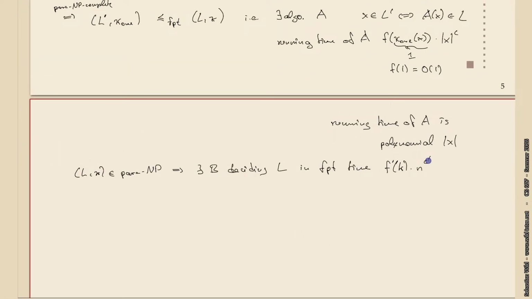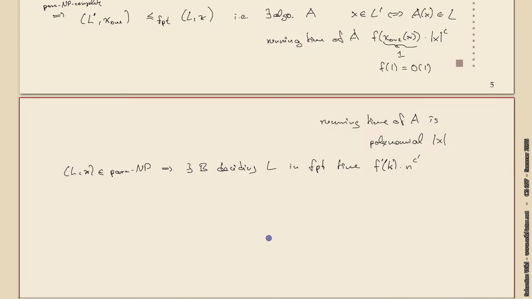Now we're just chaining these two things together. We could take an input for L prime, we map it via A to the problem L, and then we take this FPT algorithm B to solve it.